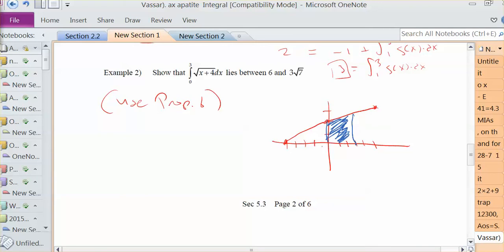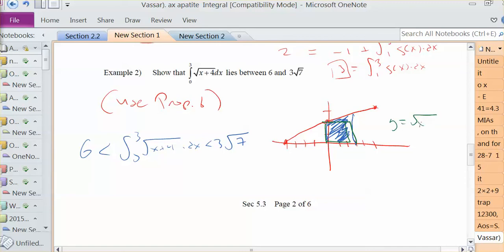Well, again, we're asked to show the definite integral is between 6 and 3 root 7. Well, if I look at this rectangle, which is going to be the minimum y value for root x plus 4.